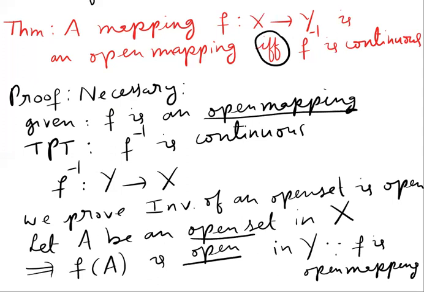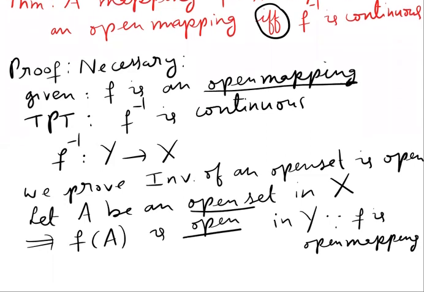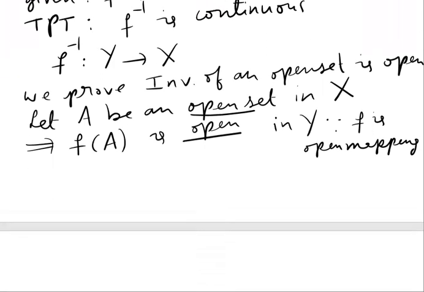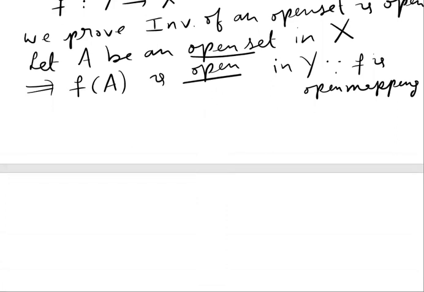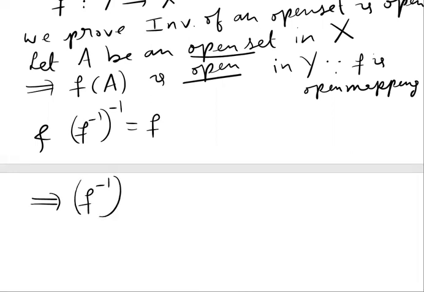Now, can I write f in terms of f inverse? We have f inverse, whole inverse, is nothing but f. Now replace: in the place of f, we write f inverse, whole inverse. So f inverse, whole inverse, of A is open in Y. Remember, we had to prove this.